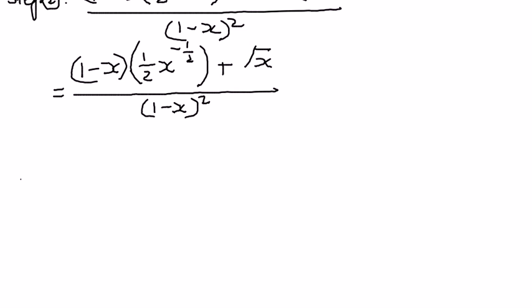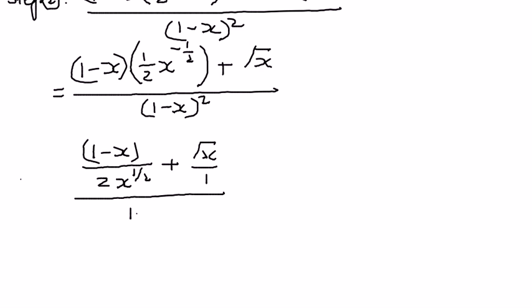So we can write the first part of it as 1 minus x times 1 divided by 2 times x to the power of half, plus square root of x divided by 1, this whole thing divided by 1 minus x, this whole thing raised to the power of 2.